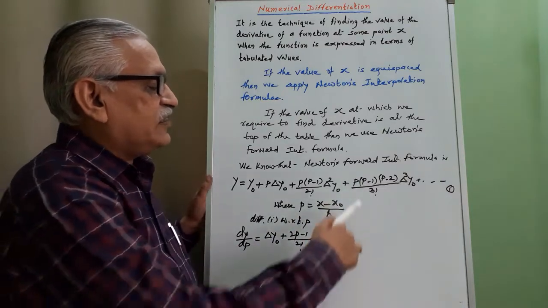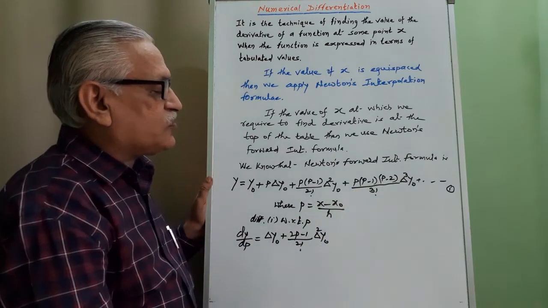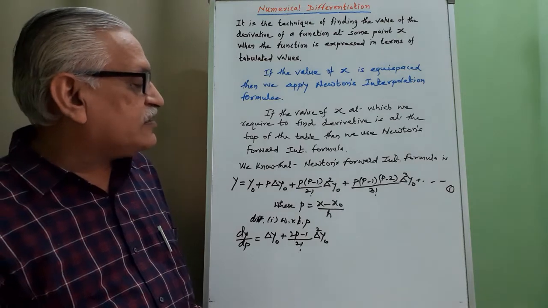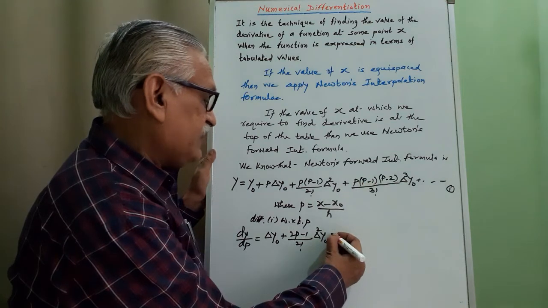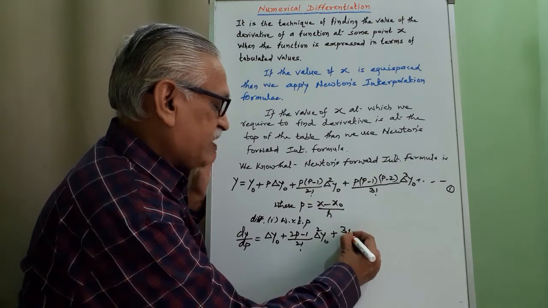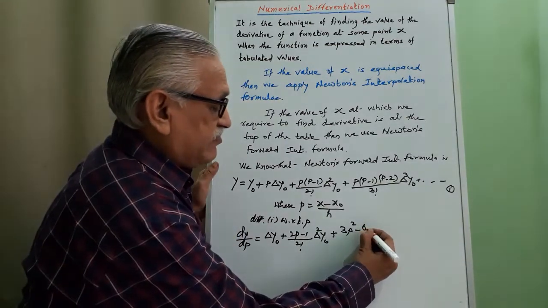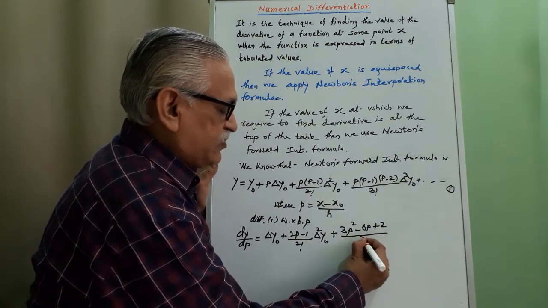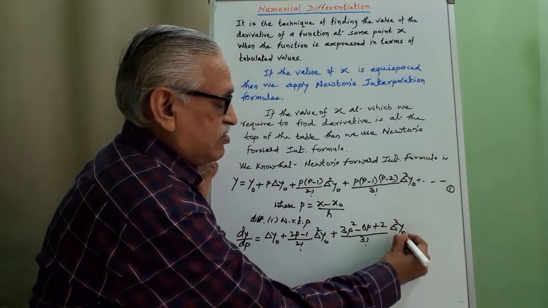Next one, if we perform the product, it is (p minus 1) into (p minus 2). It becomes p cube minus 3p square plus 2p, and therefore differentiating it with respect to p, we get 3p square minus 6p plus 2 divided by 3 factorial into del cube y0 and so on.